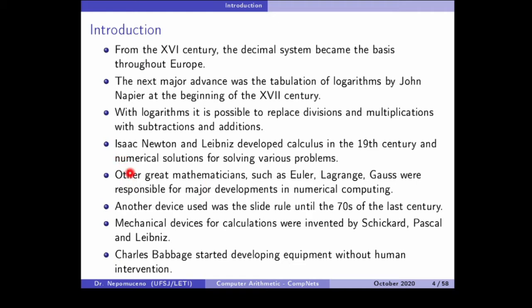Isaac Newton and Leibniz developed calculus and numerical solutions for various problems. Other great mathematicians such as Euler, Lagrange, and Gauss are responsible for major developments in numeric computing. Another device used was the slide rule, until the 70s of the last century, right?